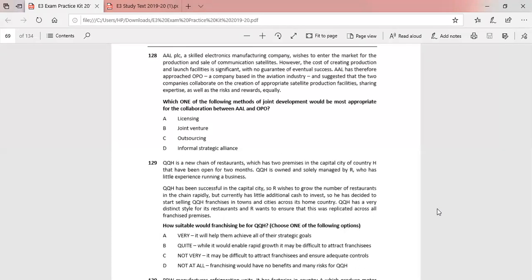AAL has therefore approached OPO, a company based in the aviation industry, and suggested that the two companies collaborate on the creation of appropriate satellite production facilities, sharing expertise as well as the risks and rewards equally. Which one of the following methods of joint development would be most appropriate for the collaboration of AAL and OPO? One method. Which one? Only one answer.